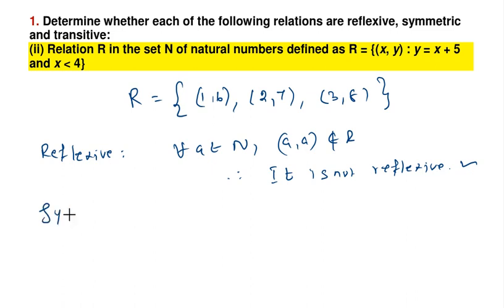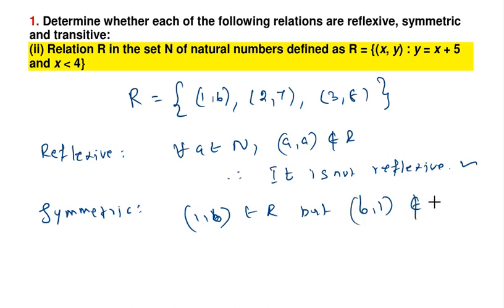And if we test symmetric: (1, 6) is there but (6, 1) is not. (1, 6) belongs to R but the reverse (6, 1) does not belong to R. One violation is enough, you can conclude it is not symmetric.